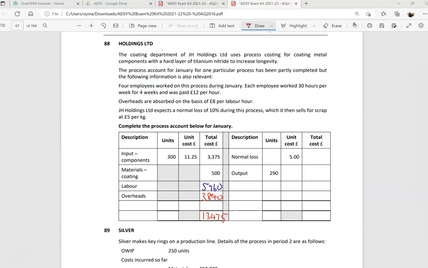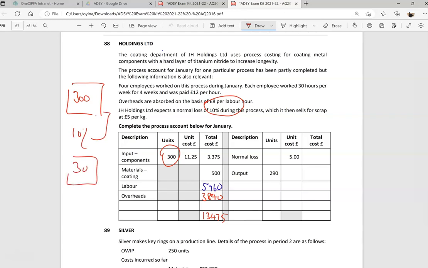The normal loss we expect is 10% of the process, and there are 300 units that have come into this process. We've put in 300 units and we're expecting to lose 10% of these, and that's 30 units. So we've poured in value of 13,475.